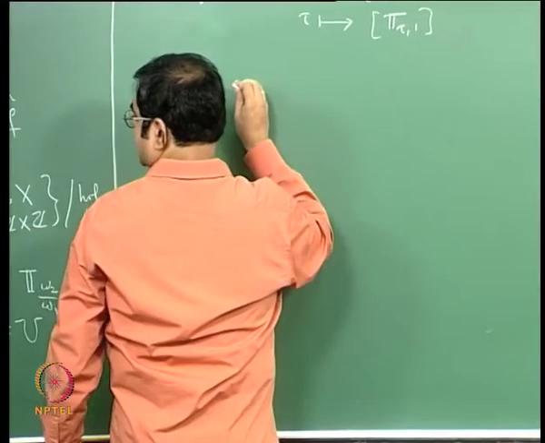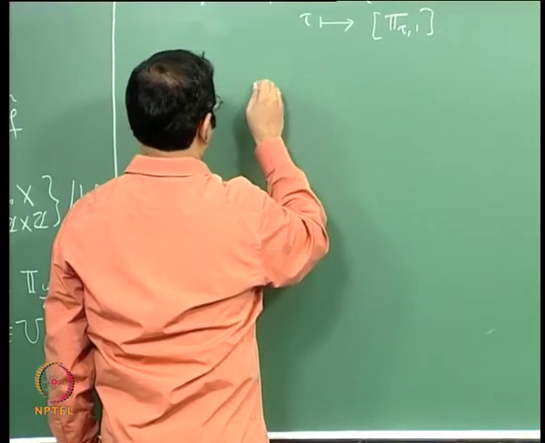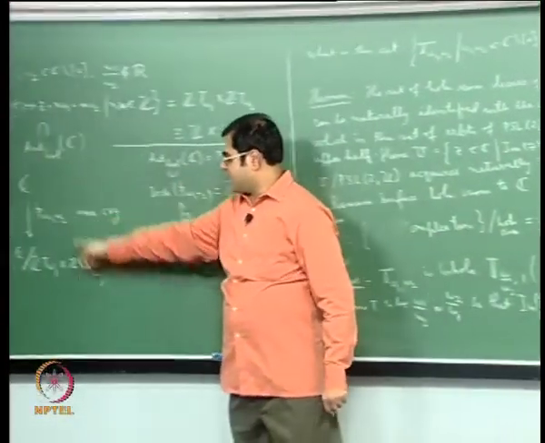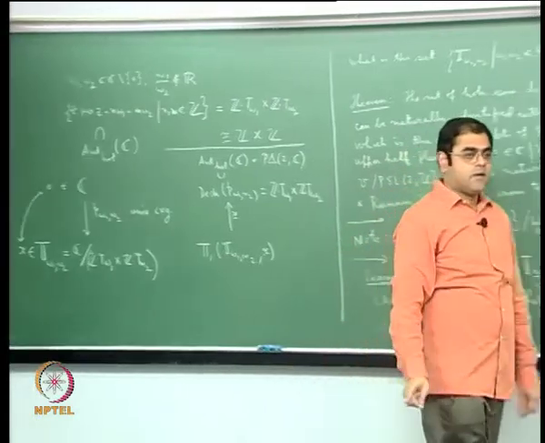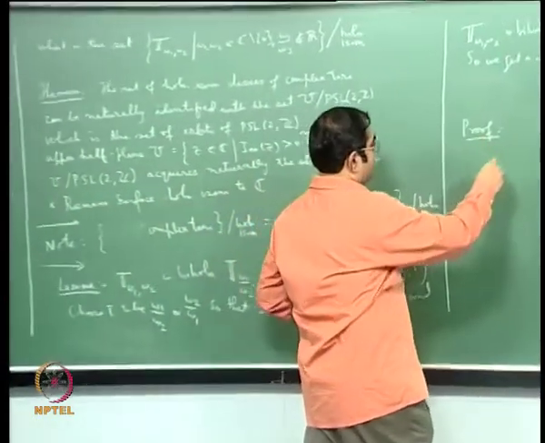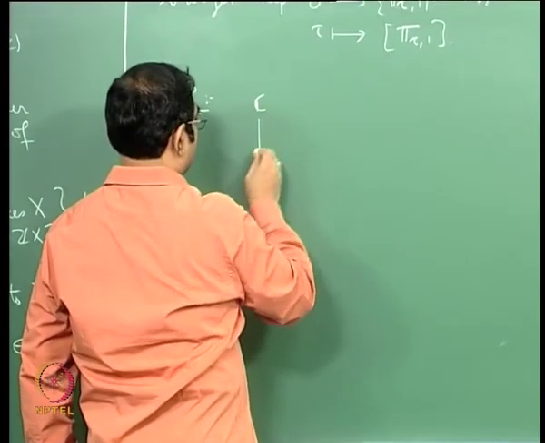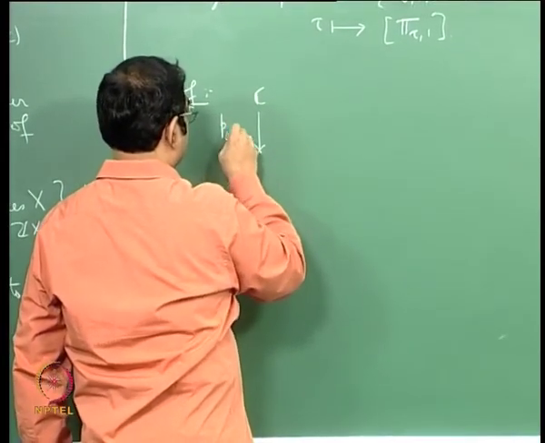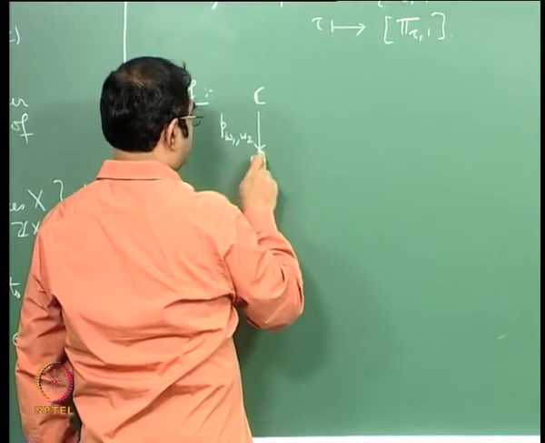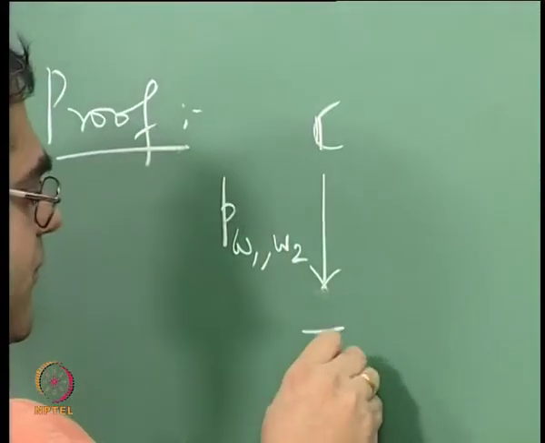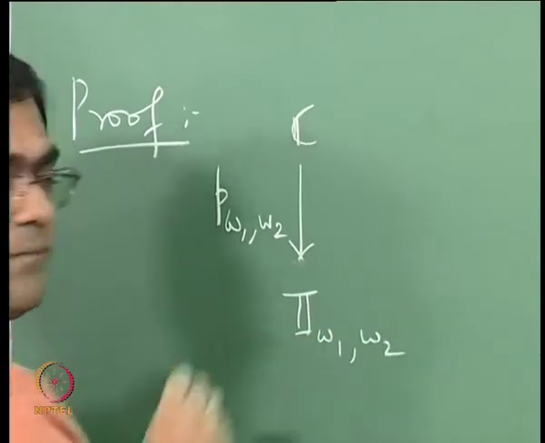So let me write out the universal coverings for these two. I have C, and this projection omega 1 comma omega 2, and here I have the complex torus defined by omega 1 and omega 2, okay.